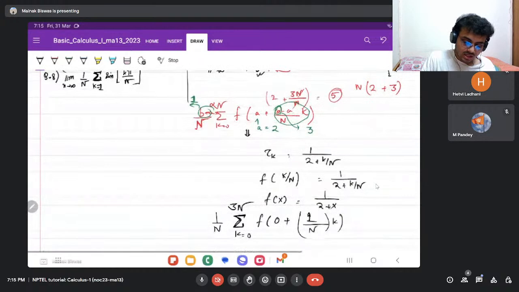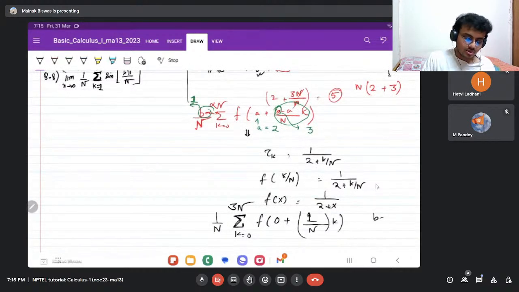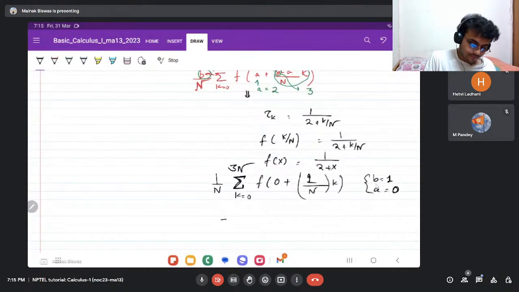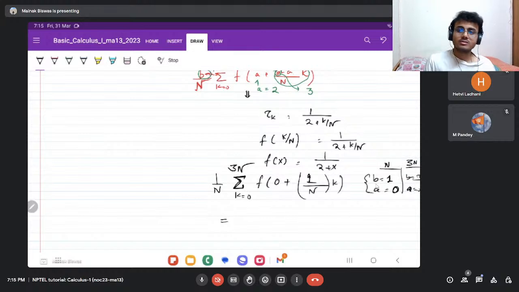Yeah, b is still 1, a is equal to 0, and you are taking the sum to 3n. So if it was up to n, you would have gone to 1. If it is up to 3n, you would go to 3, right? Agreed?